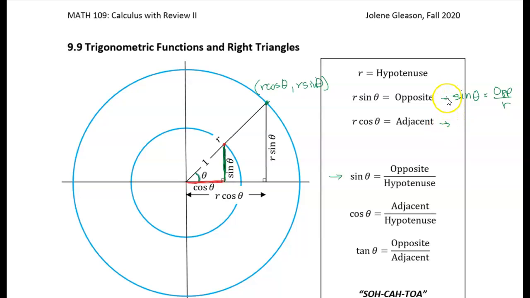If we rearrange it, then the cosine of theta is equal to the adjacent side over r, but r is the hypotenuse. And then we know that tangent is sine over cosine. So if we take opposite over hypotenuse and divide that by adjacent over hypotenuse, then we end up with opposite over adjacent.